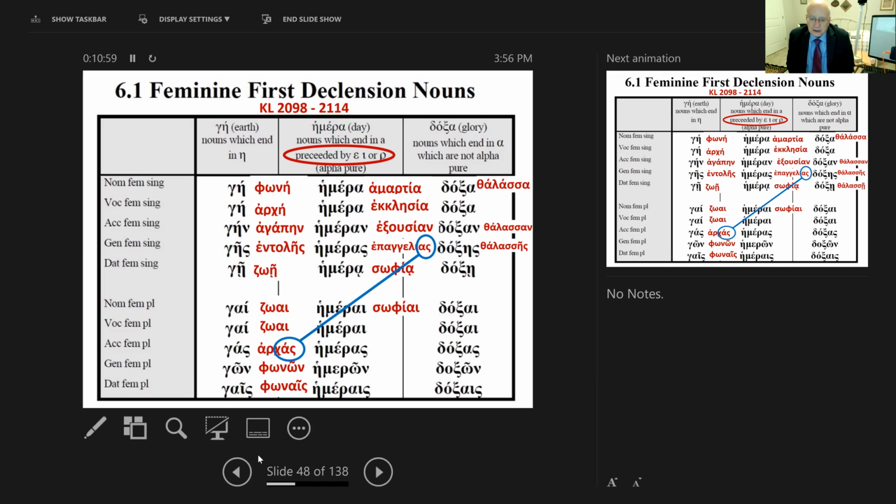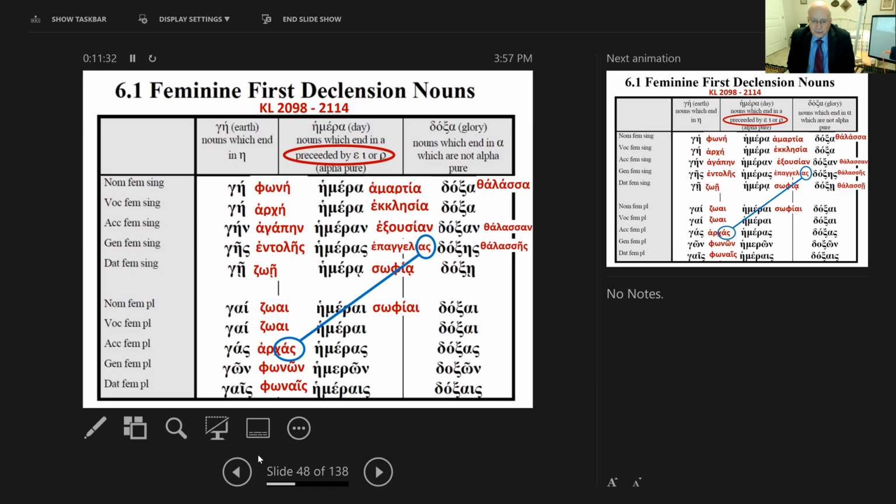Now, as you look at this list, you'll notice that I've placed several nouns from the vocabulary here in the correct form corresponding to the case. For example, the vocative singular is also a, or alpha, in the case of alpha pure nouns, or doxa.